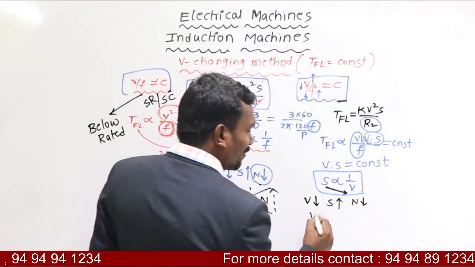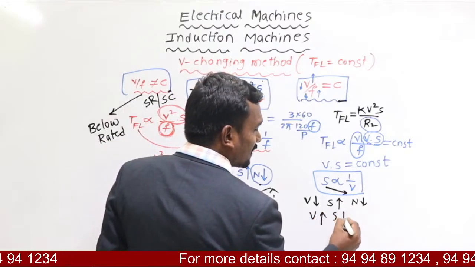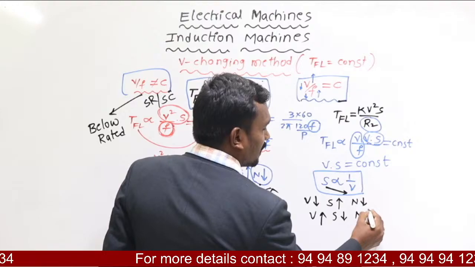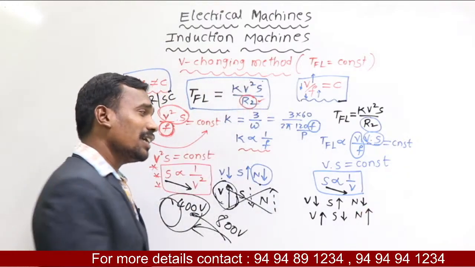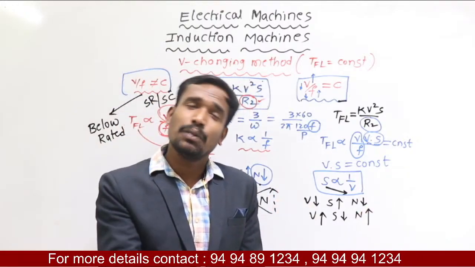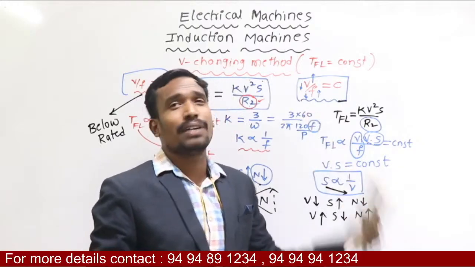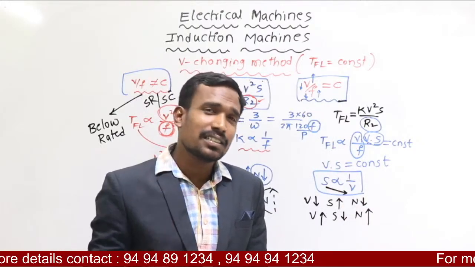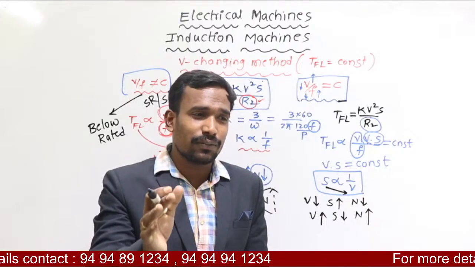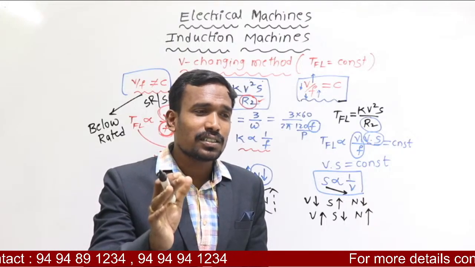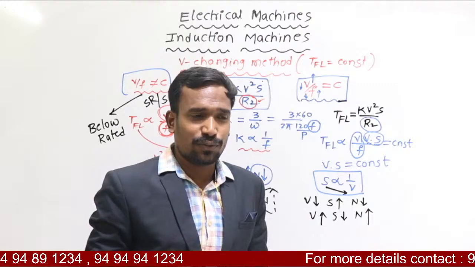If voltage increases, then slip decreases, then we can increase the speed. Voltage increment and decrement are both possible, because we are maintaining constant flux density or constant V by F.